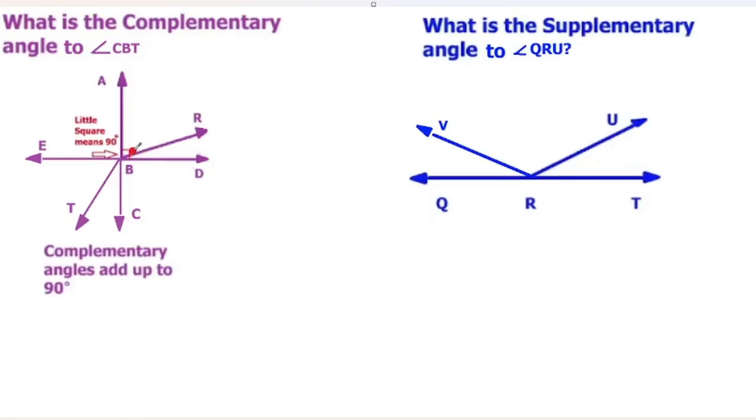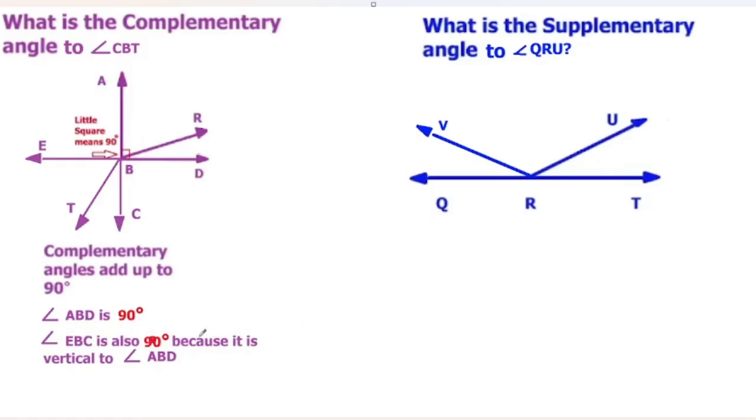So here we have a 90-degree angle. The little square means 90 degrees. So angle ABD is 90 degrees.